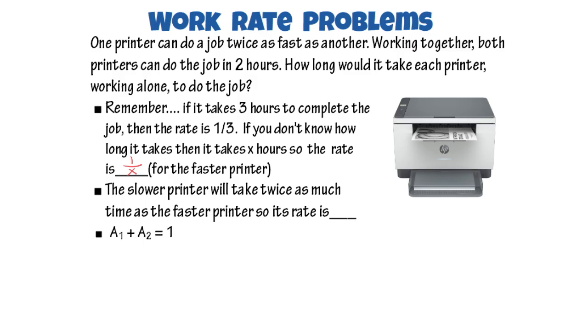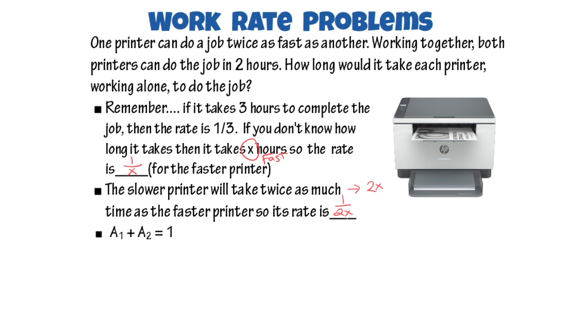Now that's going to be your faster printer because the faster printer took X hours. So the slower printer would take twice as much time. So the slower printer would take 2X, which means its rate is 1 over 2X. So those are the rates of our two printers.